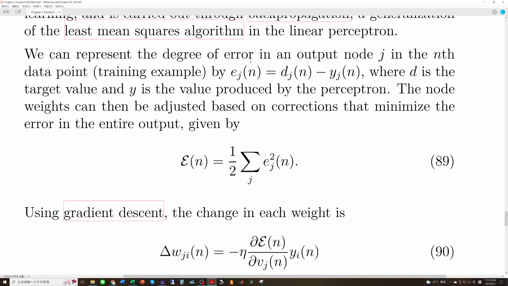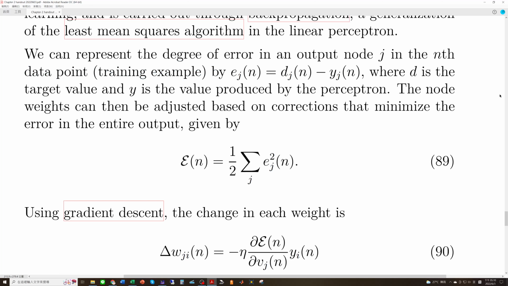So Ej(n) is the error in output node j in the nth data point or training example, Dj(n) is the target value in output node j in the nth data point, and Yj(n) is the value produced by the perceptron in output node j in the nth data point or training example.